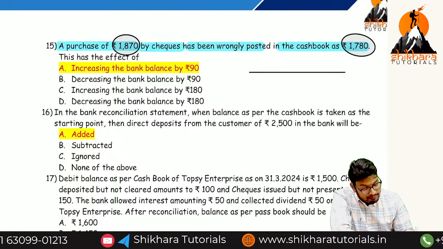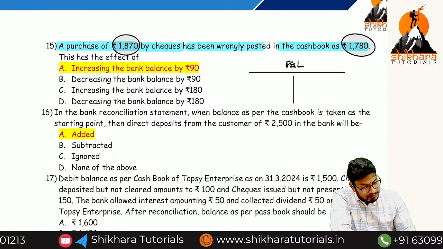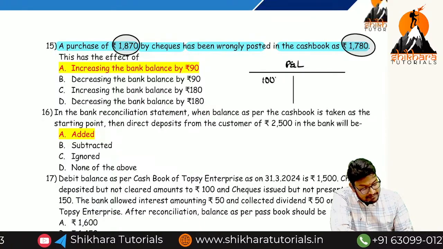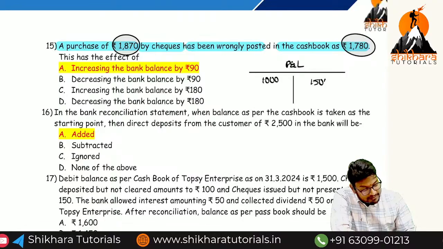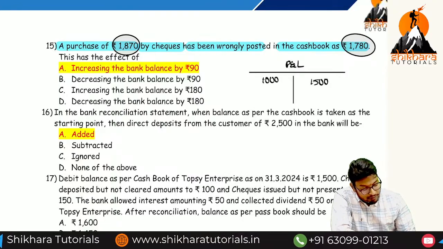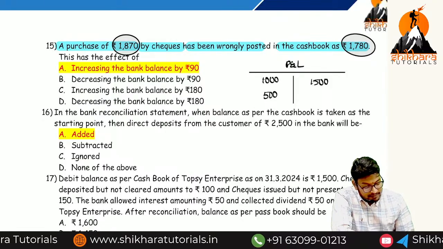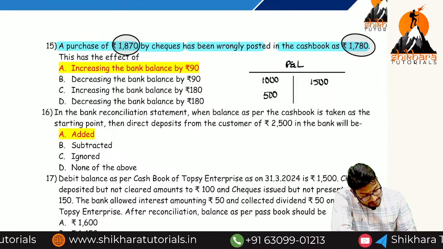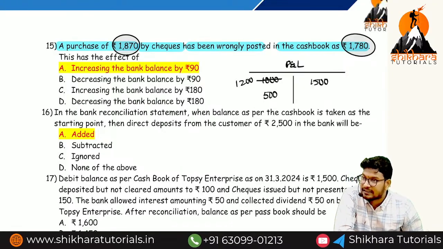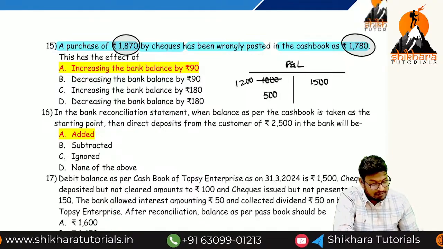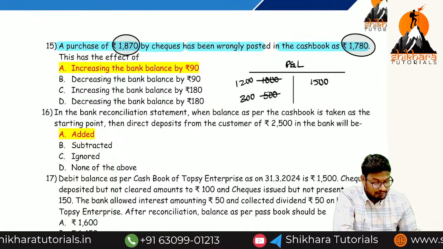So see this P&L account, what is happening: normally 1000 rupees is the expenses and 1500 is the income. Exactly. How much profit are you going to get? 500 is the profit. Now if I increase these expenses to 1200 rupees, our profit is going to decrease to 300.